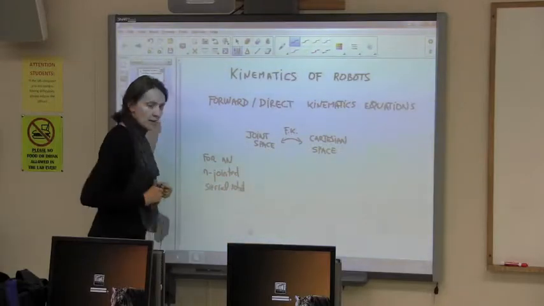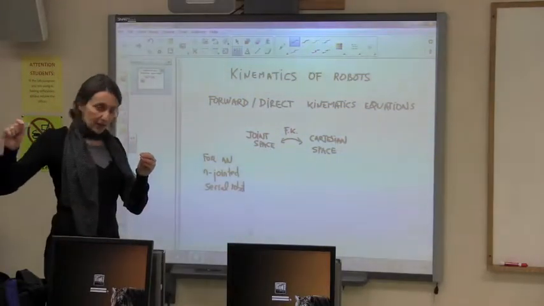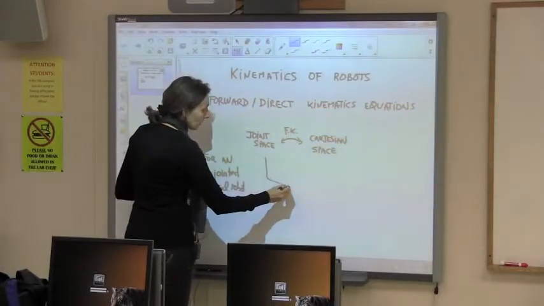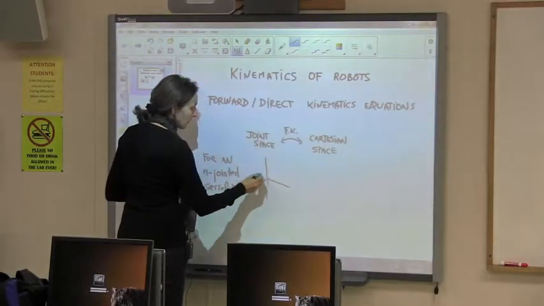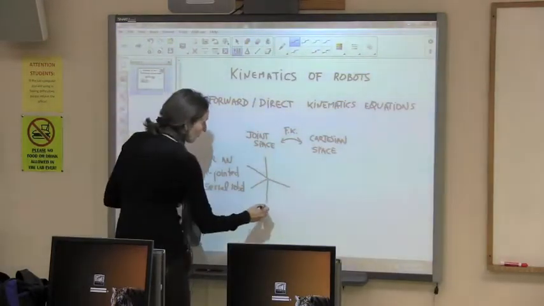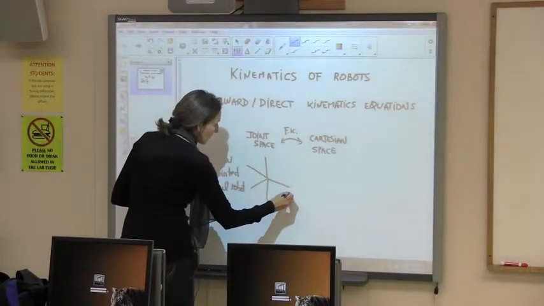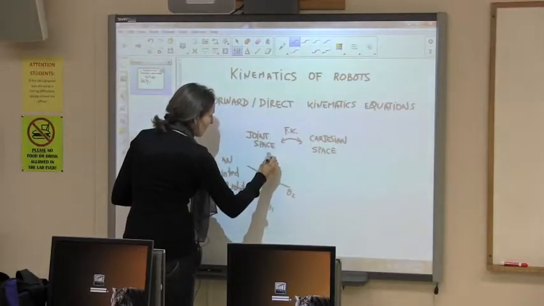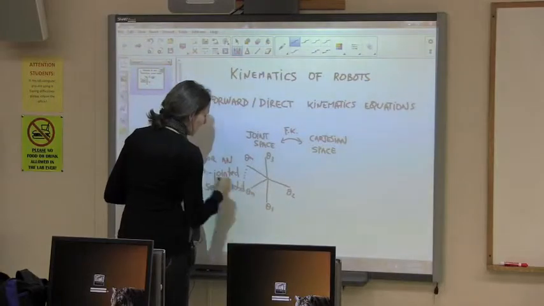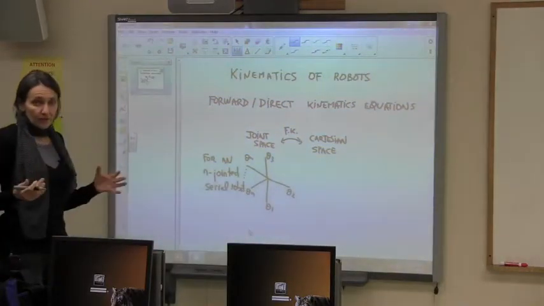And I think we did what a serial robot is, just one link after the other. The joint space will be an n-dimensional space, in which each of the axes corresponds to one value, right? So it will be the axis for theta 1, theta 2, theta 3, theta 4, theta n.